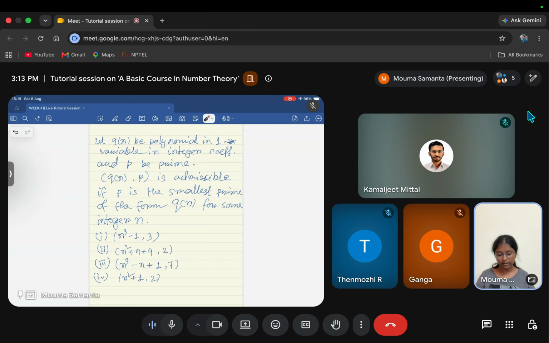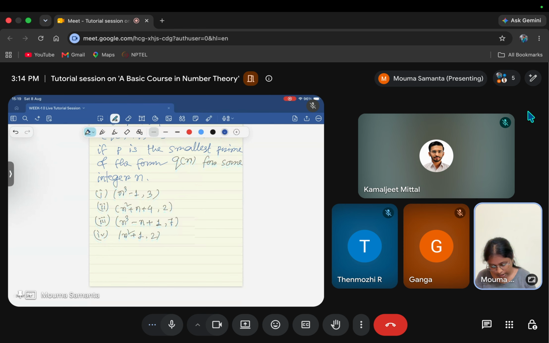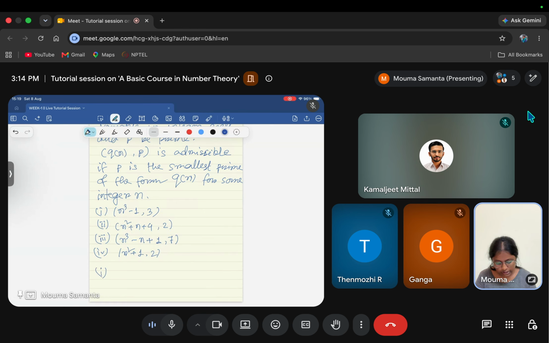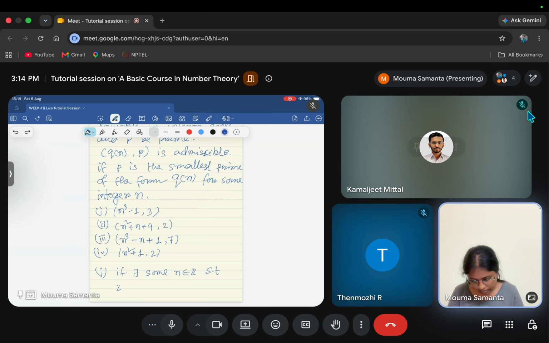For the first option you just check if there exists some n belonging to Z such that n cube minus 1 equals 2.